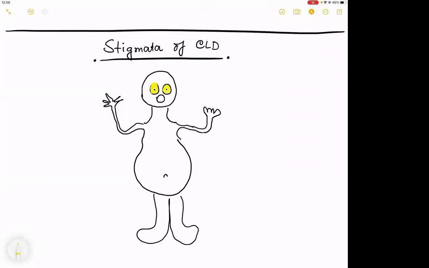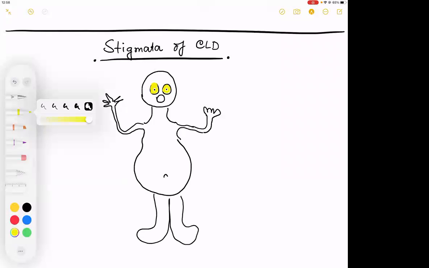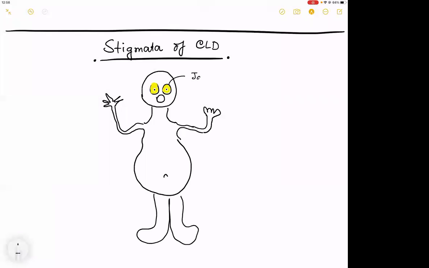What is the picture that I have made, sir? Jaundice. Stigmata, tell us. Jaundice. What happens to the hair? Loss of color. Alopecia. What happens to the temporal fossa?